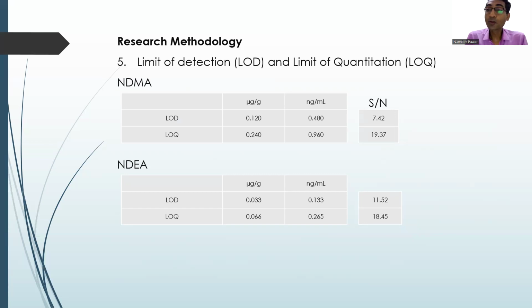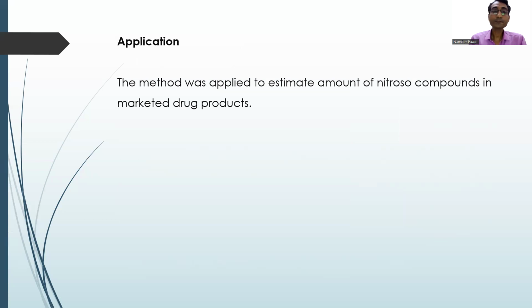At LOQ level, the suitability of sensitivity of that limit of quantification level was checked with 6 replicate runs for NDMA and NDEA. Here I found that the method is very well suited and can identify and quantify the trace level of nitroso group, this NDMA and NDEA.